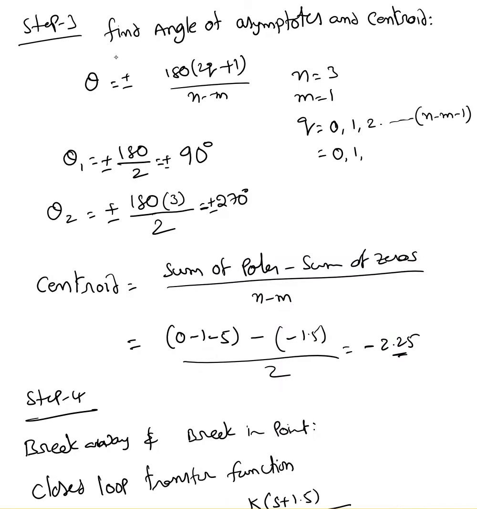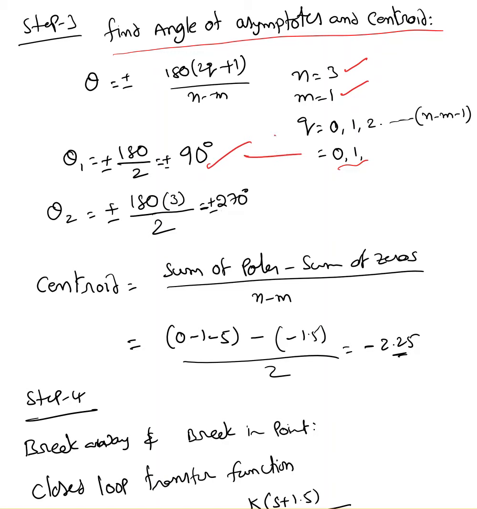So we'll move to step 3: find the angle of asymptotes and the centroid. Theta equals plus or minus 180 times (2q plus 1) over n minus m. Here the number of poles is 3 and the number of zeros is 1, so q equals 0, 1, 2, 3, etc., up to n minus m minus 1. We'll end up with only 0 and 1. So theta 1 equals 180 over 2, which is 90 degrees, and theta 2 is plus or minus 270 degrees.